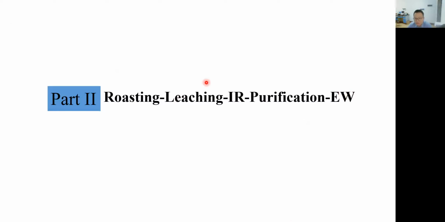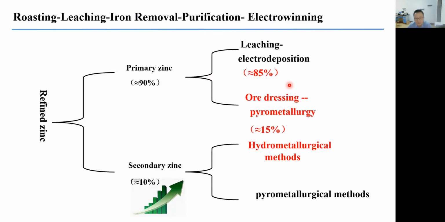So these 5 steps are widely used in zinc smelters or hydrometallurgical process of zinc all over the world. And if we are counting the yield of different technologies for zinc production, we can find out that refined zinc can be produced from primary resources or from secondary resources.